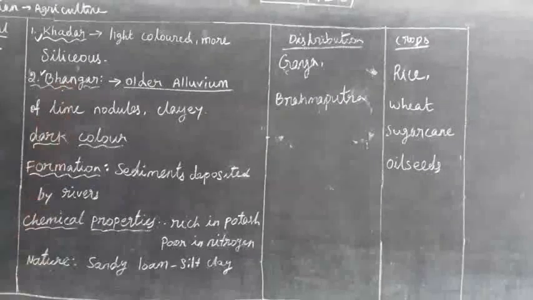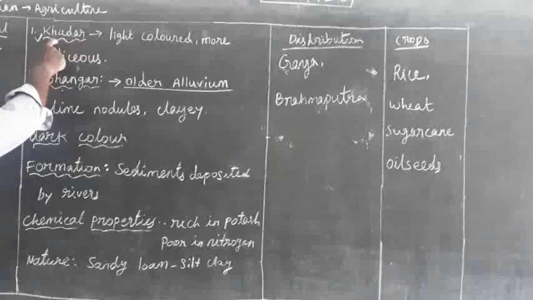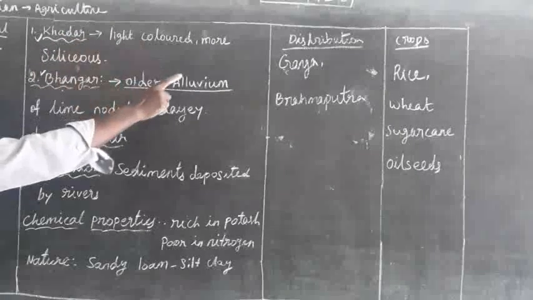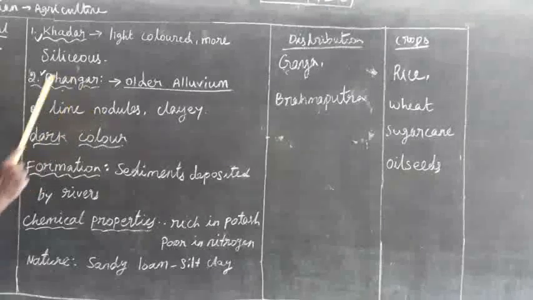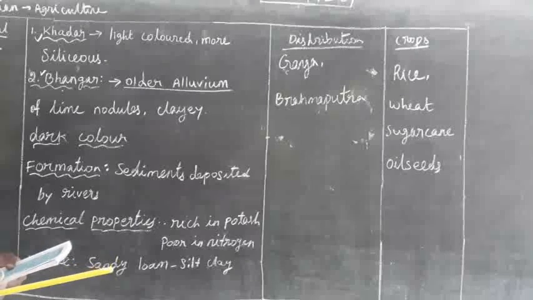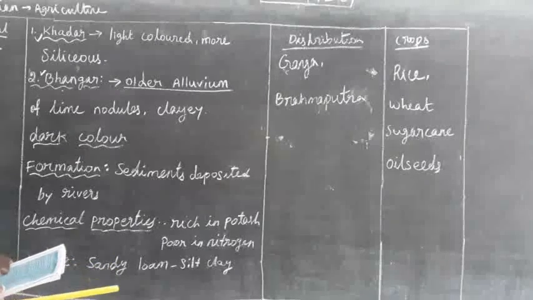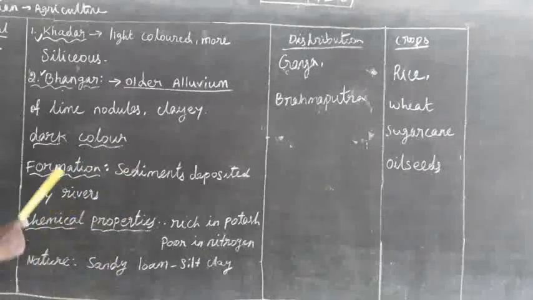Second one is Bangar, what are its characteristics? First one is Khadar. Khadar is the light color, more siliceous. The Bangar means old alluviums of lime nodules, and then clay compositions in dark colors.